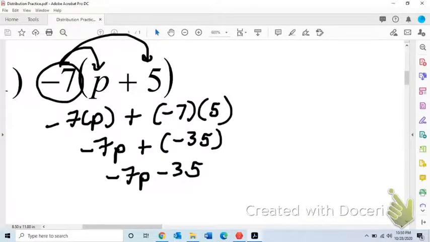So what we're going to be doing here is going through a couple examples. If you look at your worksheet, you'll notice that the first 10 are just basic distribution, and the last 10 are a little bit more complicated.